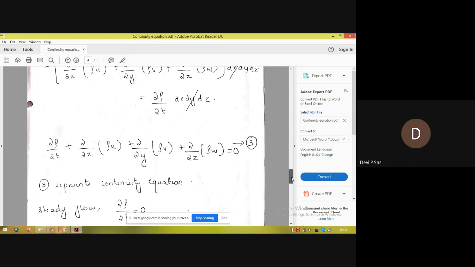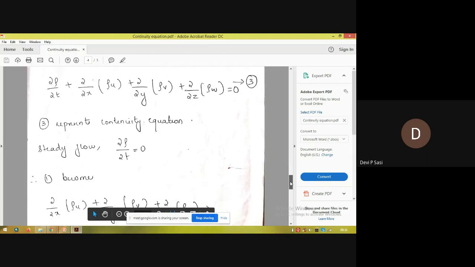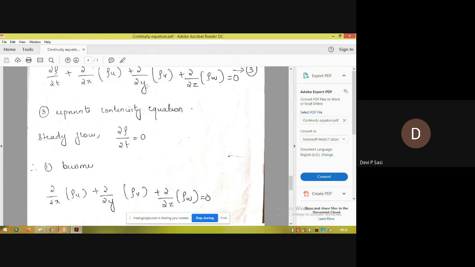So only the remaining three terms will be present: dou by dou x of rho u plus dou by dou y of rho v plus dou by dou z of rho w. The first term vanishes.